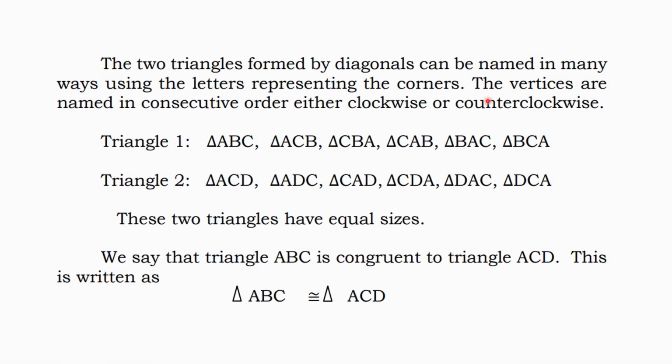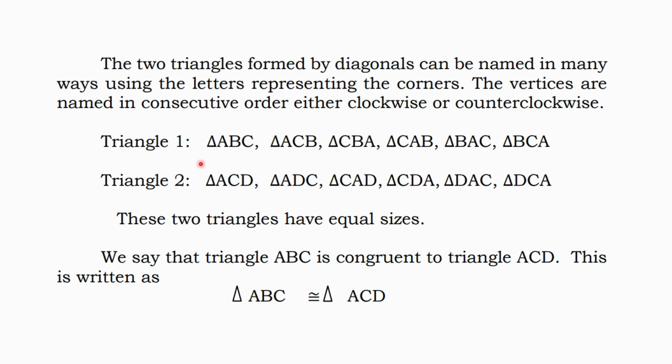The 2 triangles formed by the diagonal can be named in many ways, using the letters representing the corners. The vertices are named in consecutive order, either clockwise or counterclockwise.